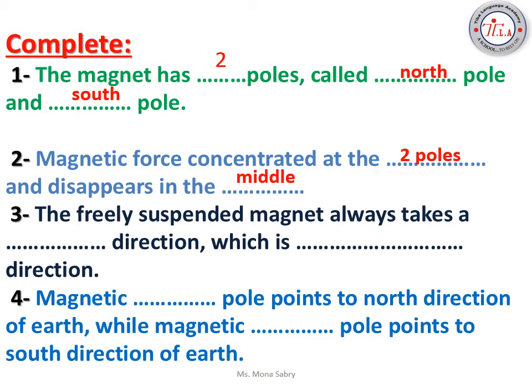The freely suspended magnet always takes a fixed direction, which is the north-south direction. The magnetic north pole points to the north direction of the earth, while the magnetic south pole points to the south direction of the earth.